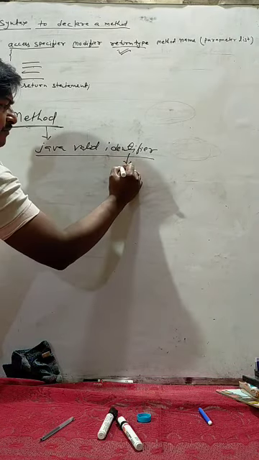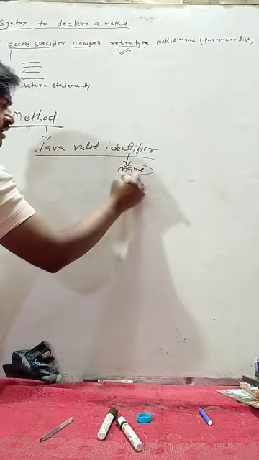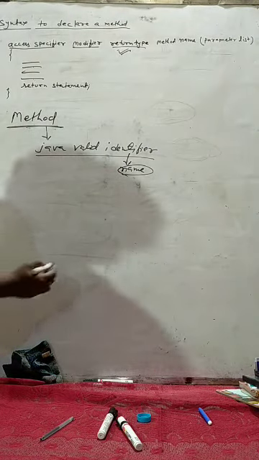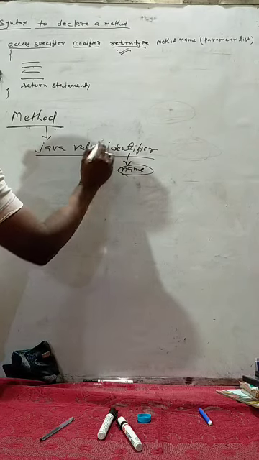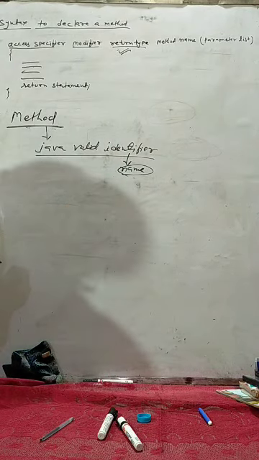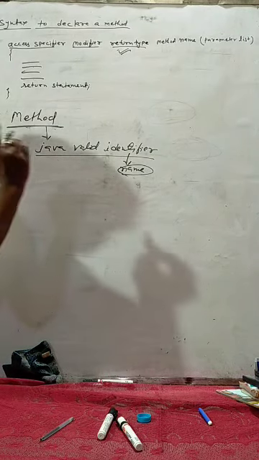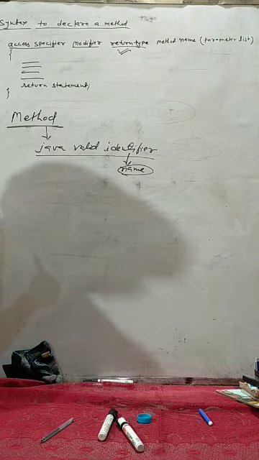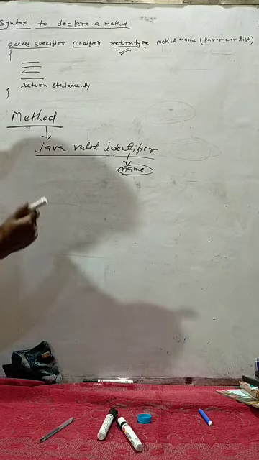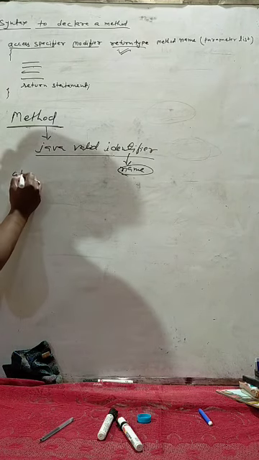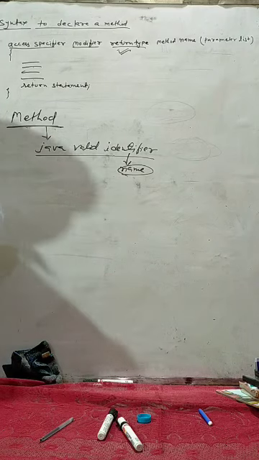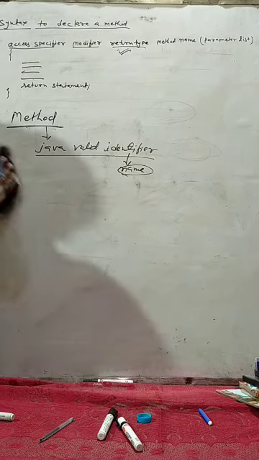Identifier means any name, but one thing you must keep in mind while specifying a method name: we have to follow the rules of writing an identifier. Apart from the rules, we have some conventions.